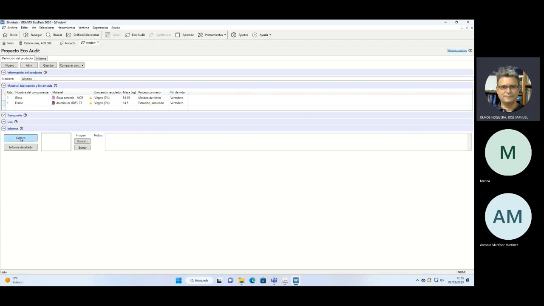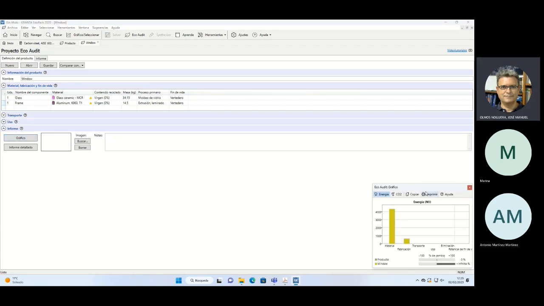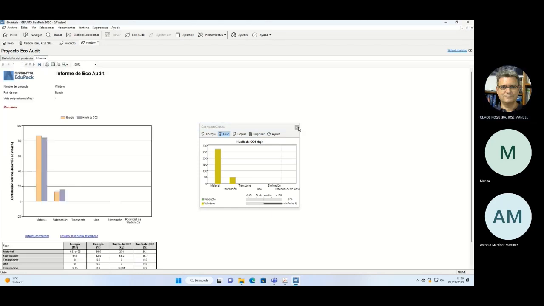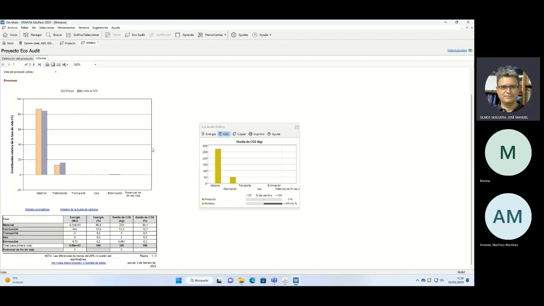Then we can get here a graph. Yes, with the energy and the CO2. But I prefer to see the data with the detailed report. So here we have the energy, the CO2 footprint with the material, the manufacturing, and also the end of life.